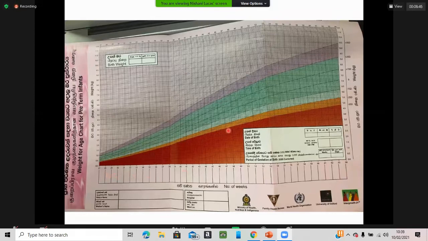Right, so in these growth charts, you can see if let's say a baby was born at 35 weeks and the birth weight was 1 kilogram. So it's here. Can someone tell me now, is this baby small for gestational age or not?